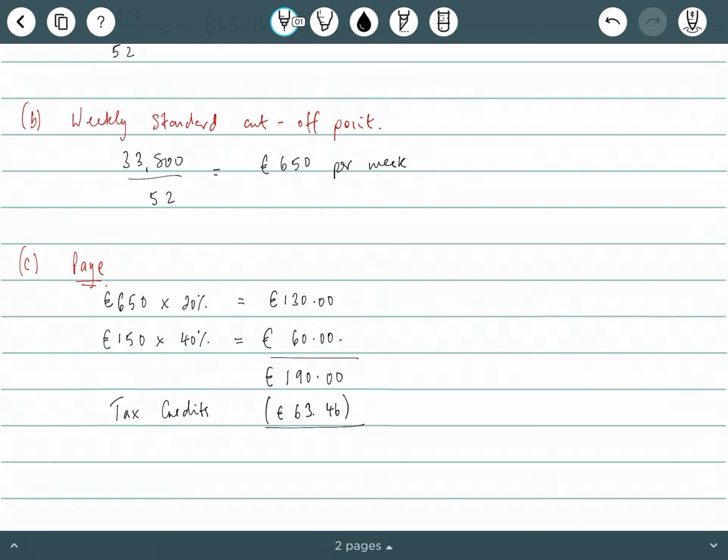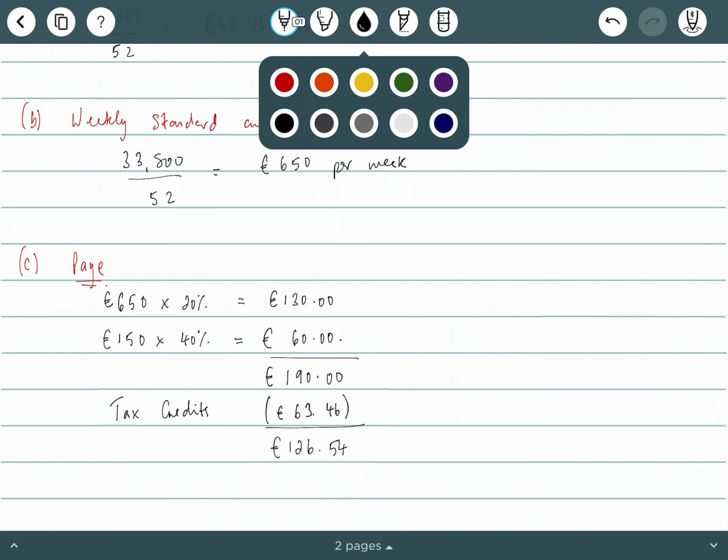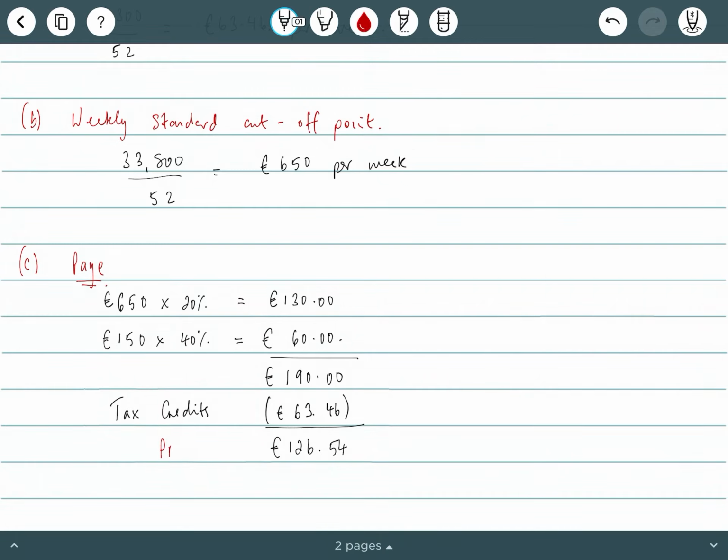So 190 minus 63.46 will leave us with 126.54. And that there, gents, is your PAYE, your pay as you earn, which is also known as your income tax. That's your PAYE taken care of.